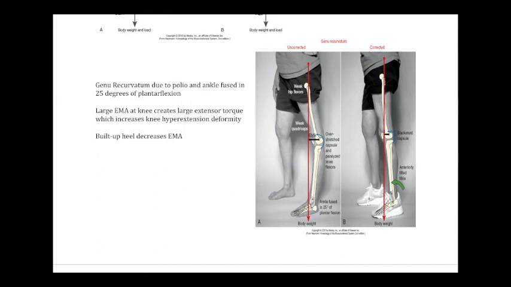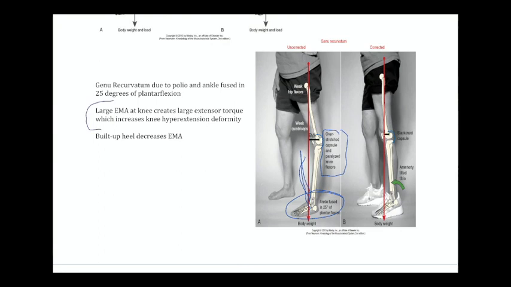It pushes the knee into hyperextension, so the capsule or the ligaments in the back of the knee become overstretched and start pushing back. It also happens whenever our ankle is fused. It doesn't give any forward allowance of movement, and so it keeps that knee in that position.